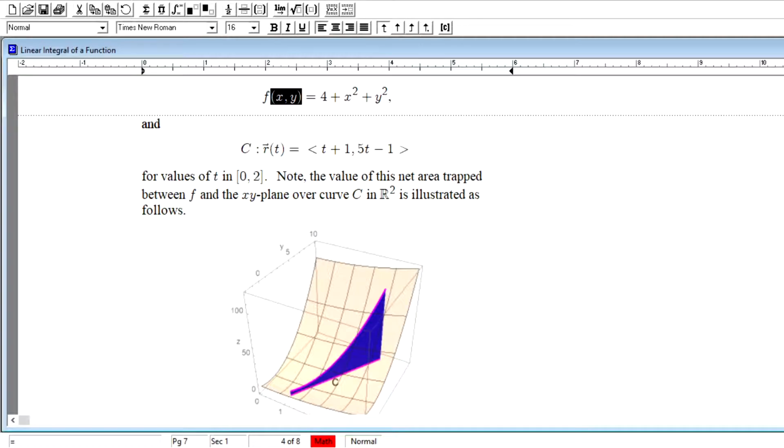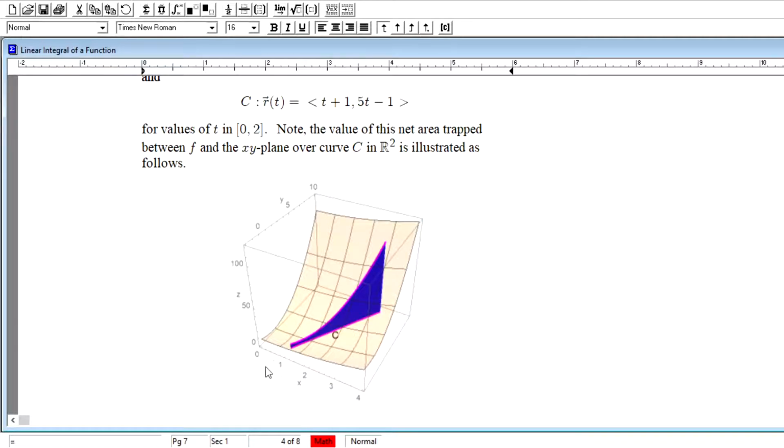Down in the xy plane, forming the bottom of this three-dimensional space, we do see that curve C illustrated in magenta there, where that curve C is described by, in a sense, this linear path. Notice this set of parametric descriptions, parametric equations assembled into this vector valued function's description of C with respect to parameter t in the interval from 0 to 2 describes just a linear path down in 2 dimensions.